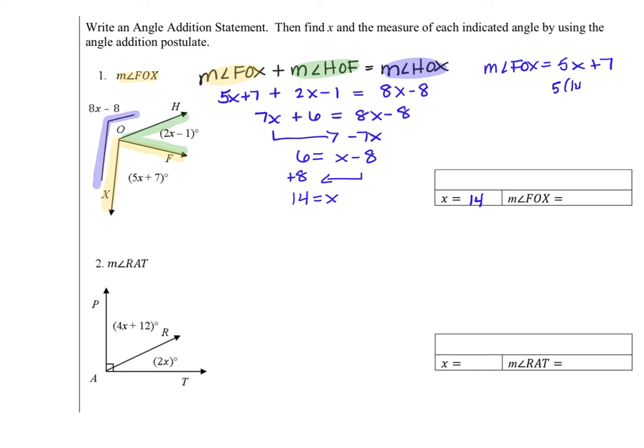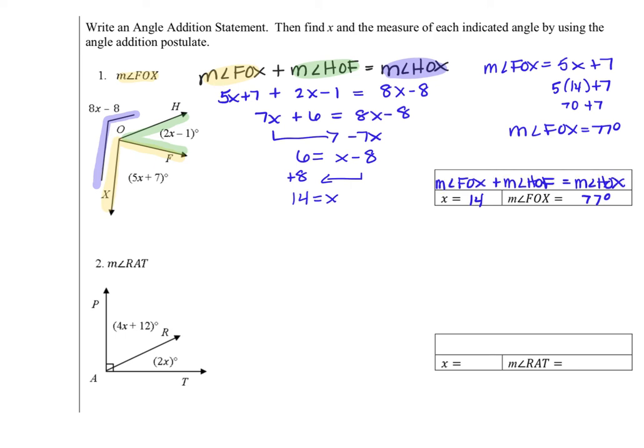So 5 times 14 plus 7. 5 times 14 is 70. So the measurement of angle FOX is 77 degrees. So you're probably wondering what goes in this box. Because it was part of the directions to write an angle addition statement, that is what you are going to write in the top box.